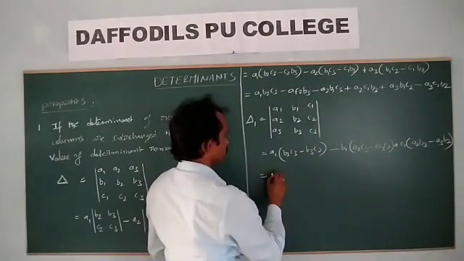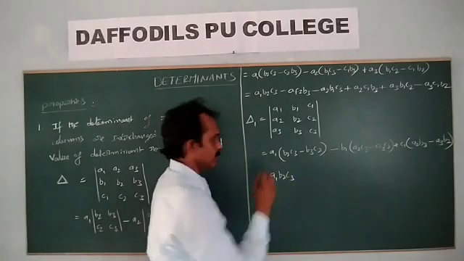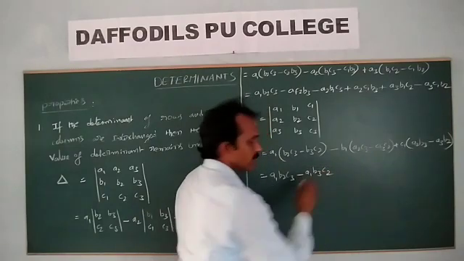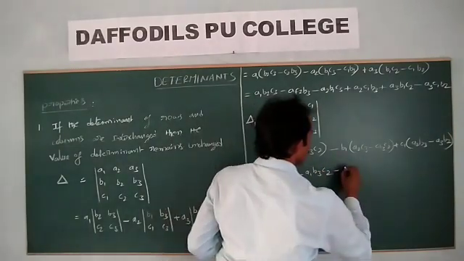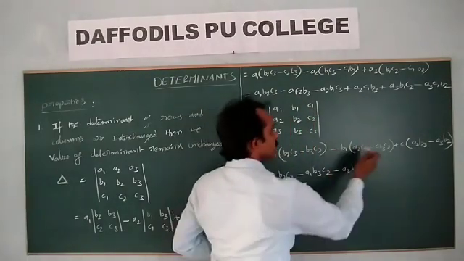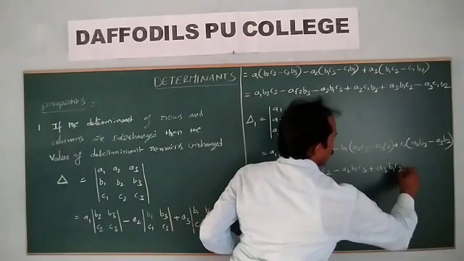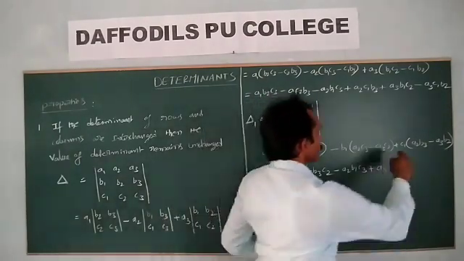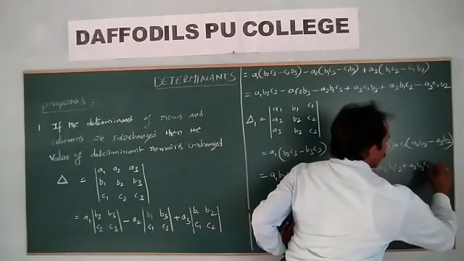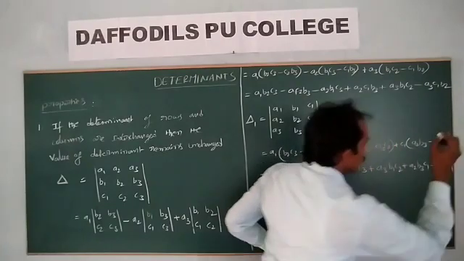Okay, now expand: A1 B2 C3 minus A1 B3 C2 minus A2 B1 C3, minus into minus plus A3 B1 C2 plus A2 B3 C1 minus A3 B2 C1.